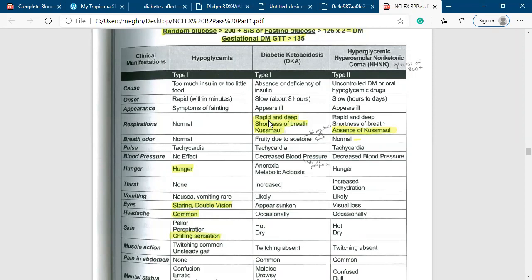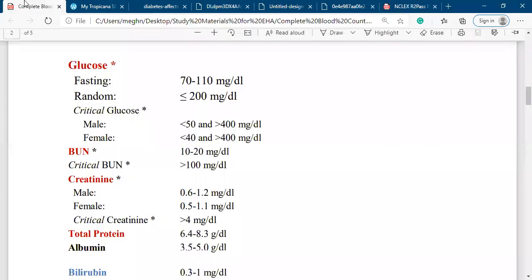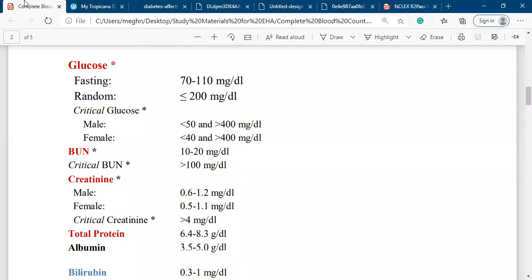The NCLEX board asks a question: what type of respiration occurs in hyperglycemia? They write Kussmaul, or they say increased rate and depth of respiration, right? And this is called Kussmaul respiration. So this is very important. We have to know it for the NCLEX board exam.